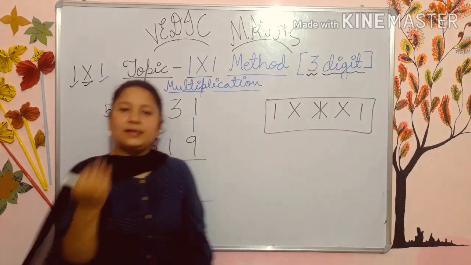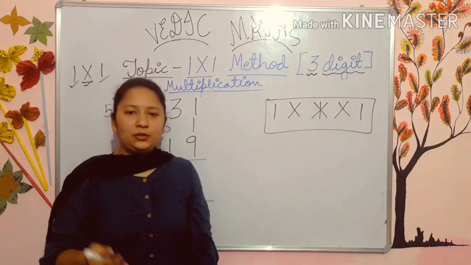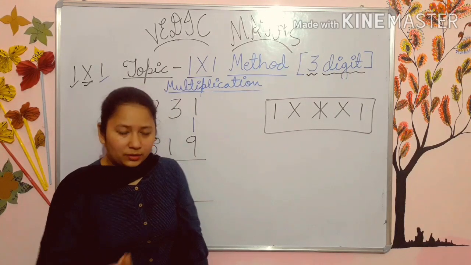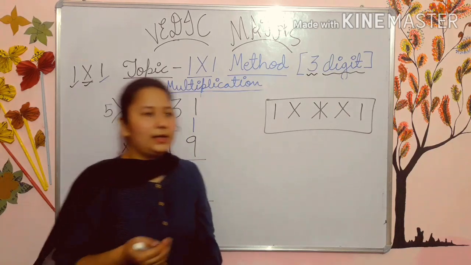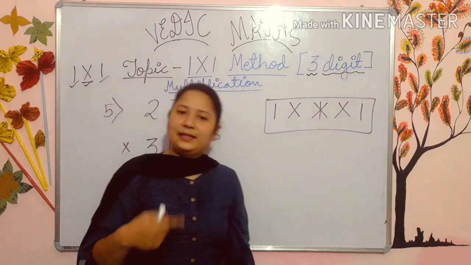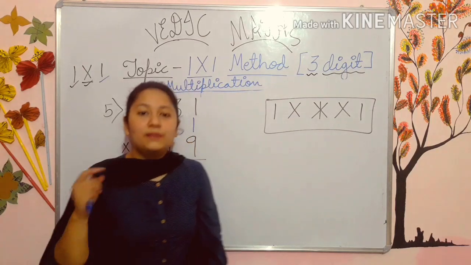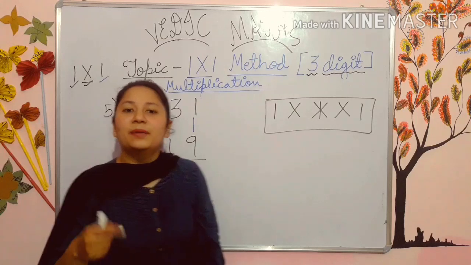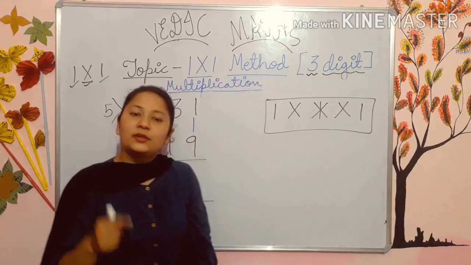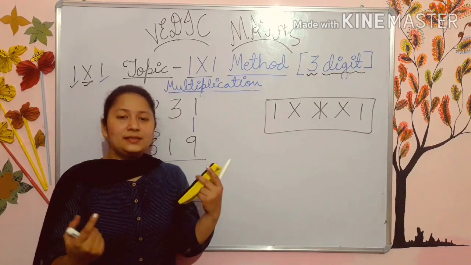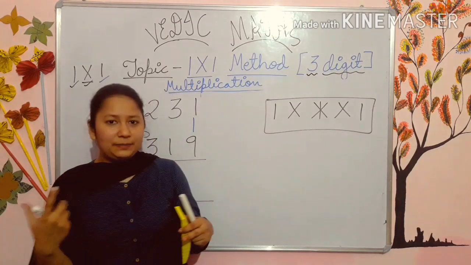Now if I say 9 6s are, directly you will say 54. And addition, if I say 9 plus 2, directly you will say 11. If I say 8 plus 5, you will say 13. So this is the addition and multiplication.